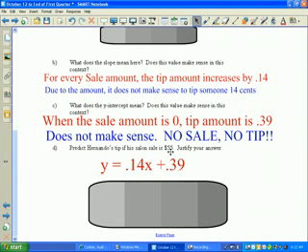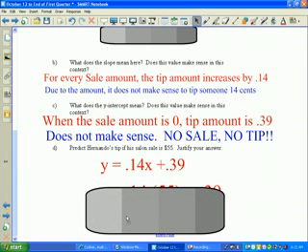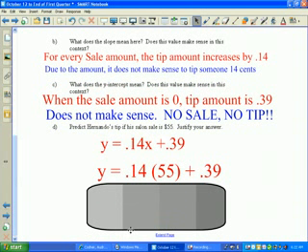So where is this $55 going? It's going to go into the sales, the x. So now we plug that 55 in for the x, and now we just do the math. Make sure that if you put it in your calculator, you're putting in 0.14 times 55 plus 0.39.